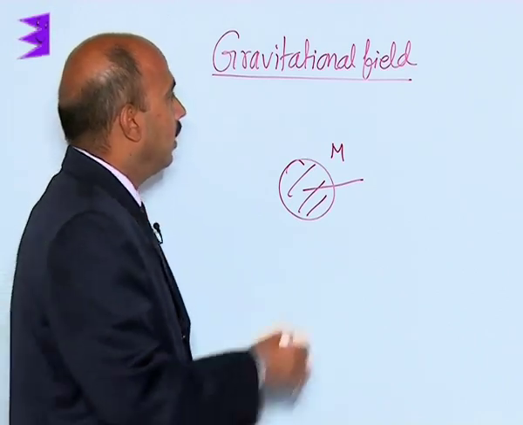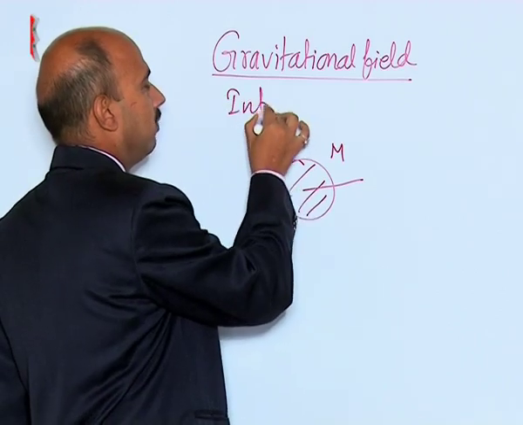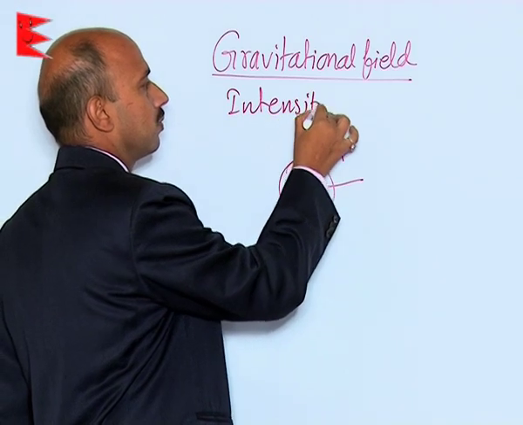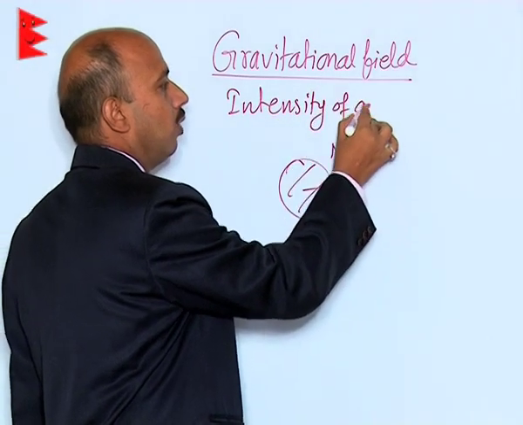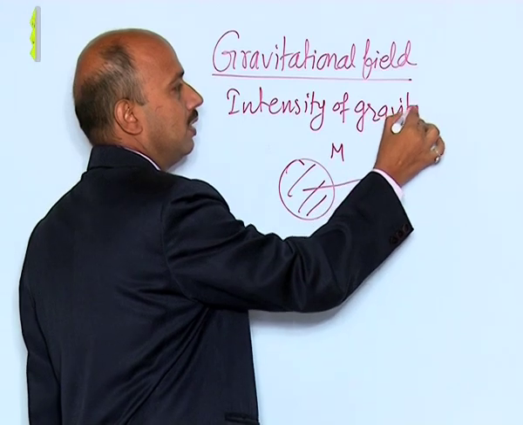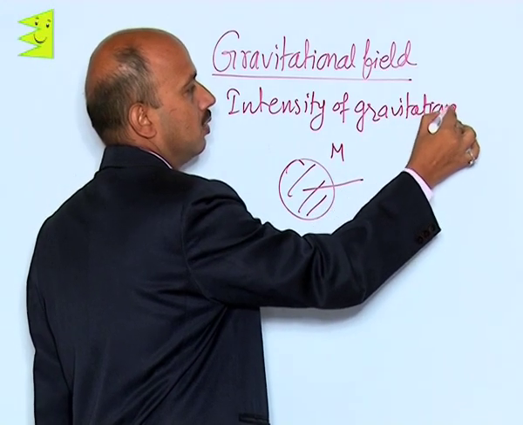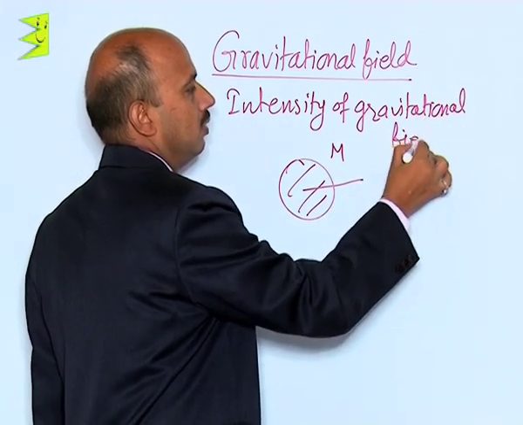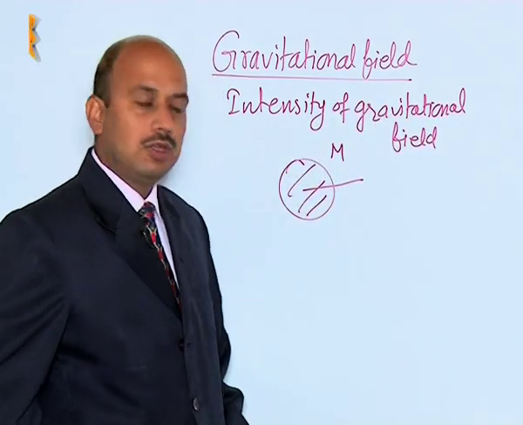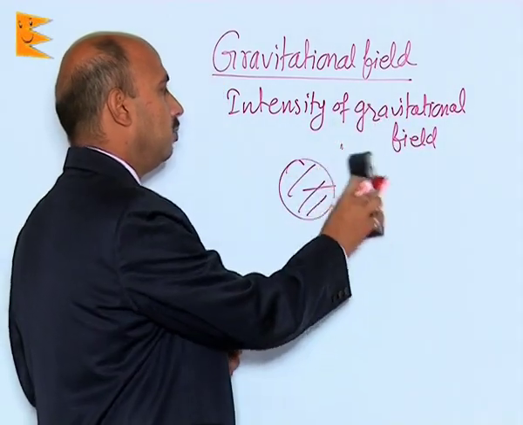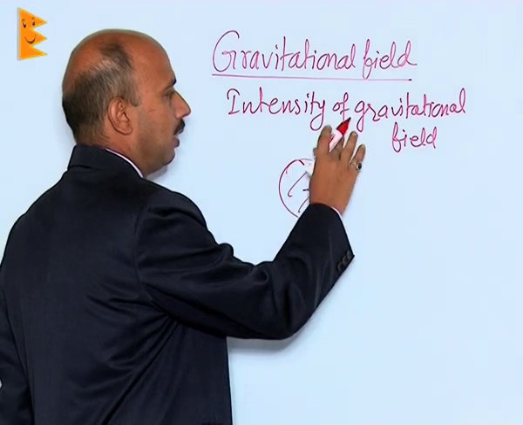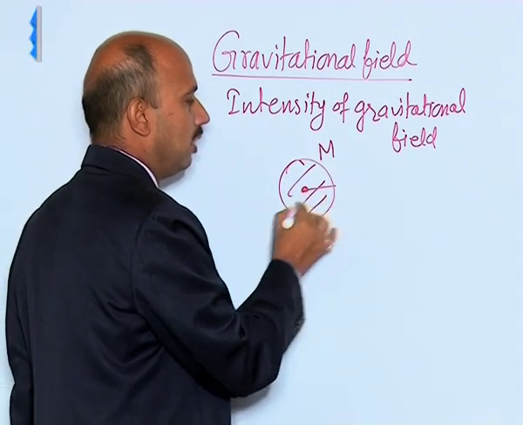So see here, intensity of gravitational field. Now see here, suppose you have taken this body and its mass is m, and this is the center of the body.